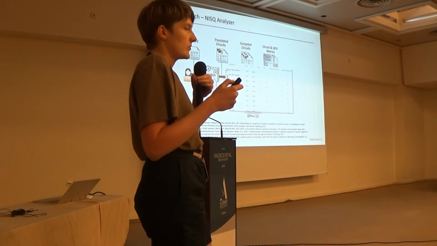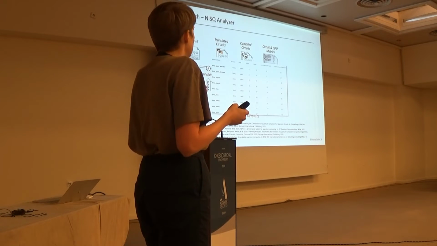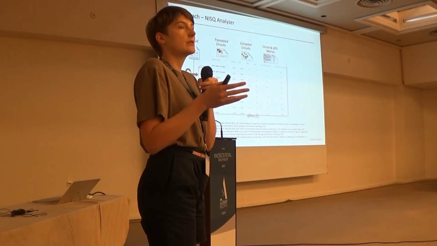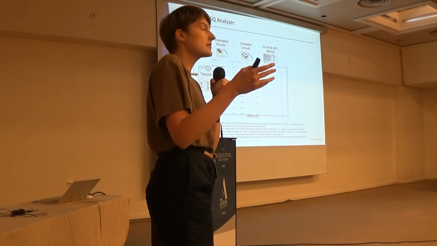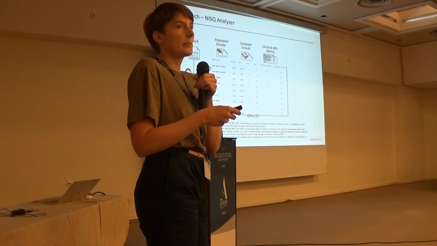And now let's have a look at this list. For example, here we have the compilation results for different quantum computers made with different compilers, in this case with the Tcad compiler and the Qiskit compiler.